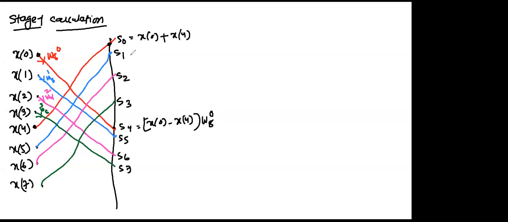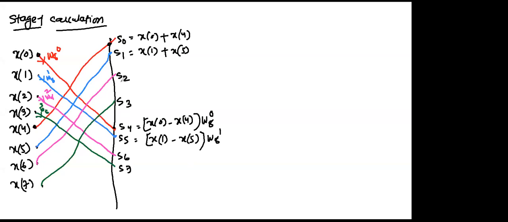Okay. Similarly, see the second butterfly, S1. The inputs are x1 and x5. The upper one is simply x1 plus x5, and this is your x1 minus x5, and the twiddle factor here is omega at 1.